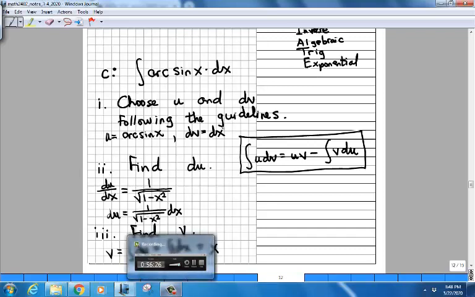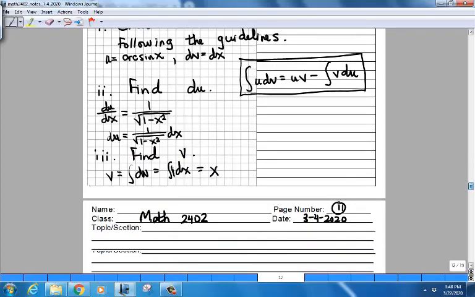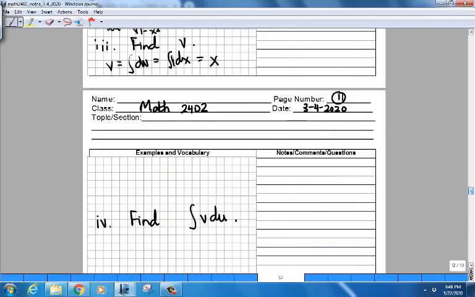And now the next step is to start filling in the integration by parts formula.